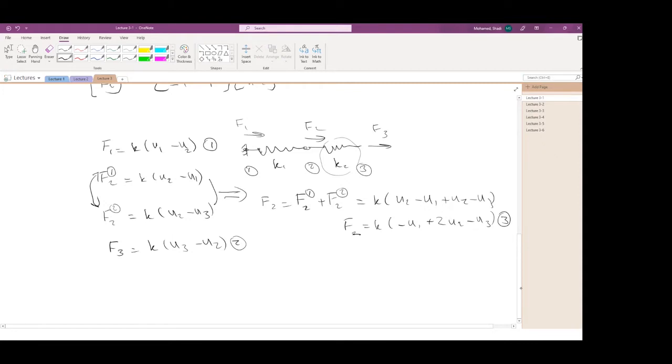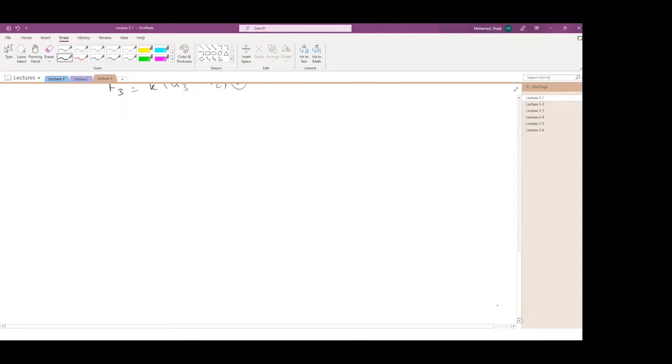Now I'm just going to write the three equations together. So I have F1 is equal to K multiplied by U1 minus U2. I have F2 is equal to K multiplied by minus U1 plus 2U2 minus U3.